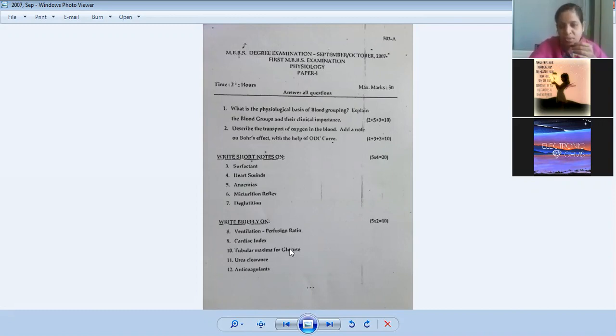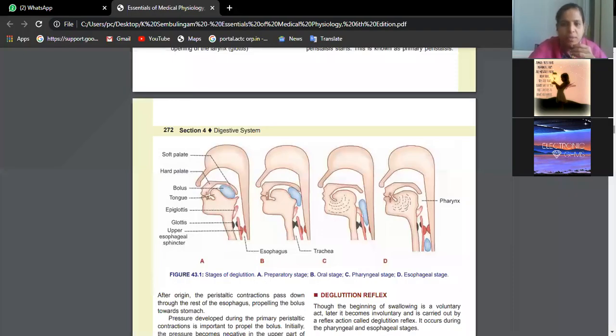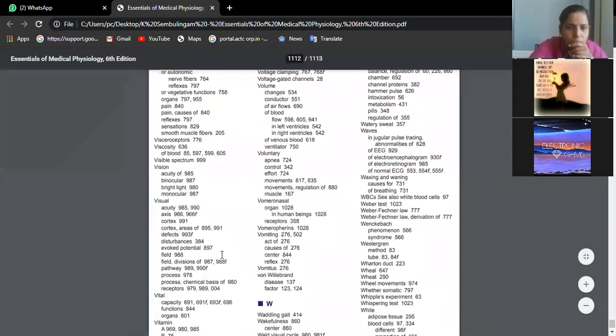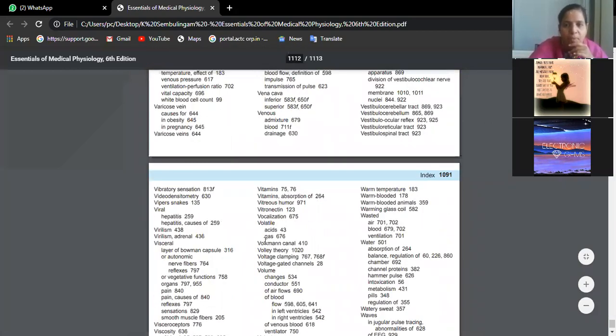Ventilation perfusion ratio, from respiratory. Meanwhile, you just check the other answers and read for yourself.